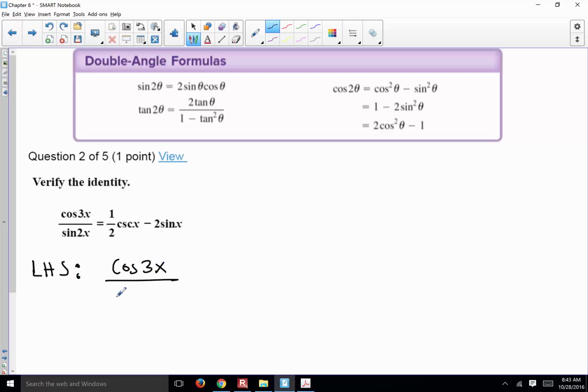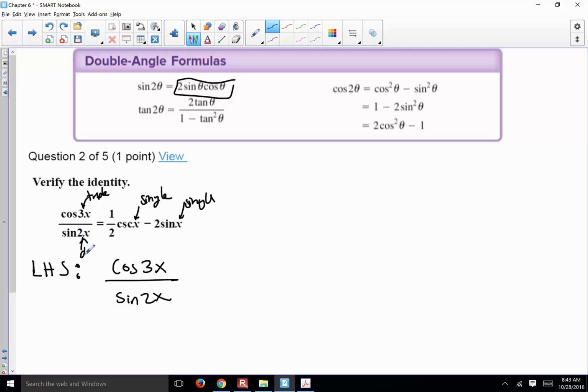Now this one is already a double angle, so it's screaming, use this formula. Why should I use double angle formulas to get rid of 2x? Because on the right side I have everything in single angles. This is triple and this is double, so that's a big sign we have to fix it.